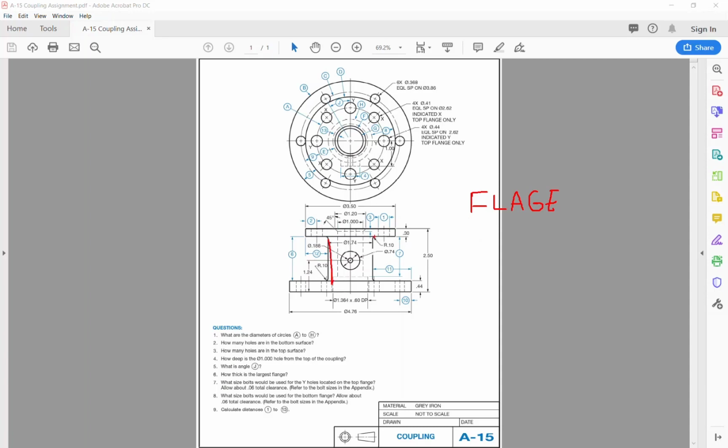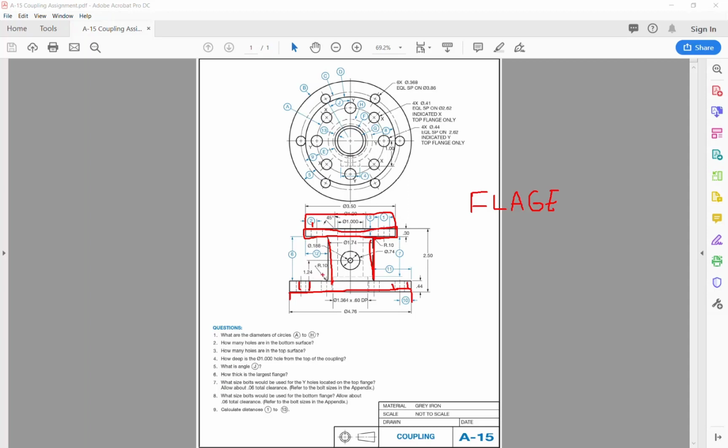So this main body here of this coupling has a top flange, and this flange has holes that are drilled into it, and this allows it to be bolted to an adjacent pipe or component. Likewise, on the bottom side, there is a bottom flange, which is larger in diameter, and it again has holes drilled into it, and it can bolt to another mating component.